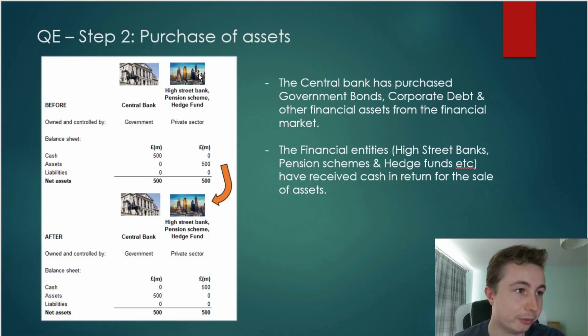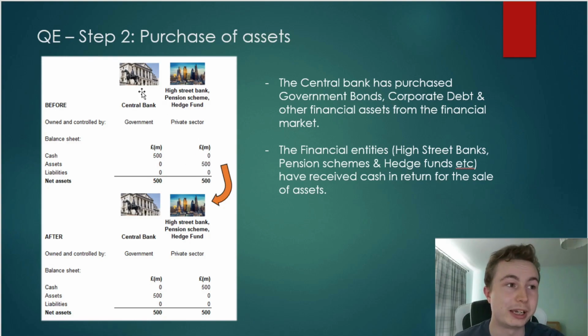And if we were to look at a high street bank, a pension scheme, or a hedge fund, these are entities, organisations that are controlled by the private sector. They might have assets on their balance sheet of, say, 500 million. Let's just say they've got some government bonds and some corporate debt, and it totals up to 500 million.